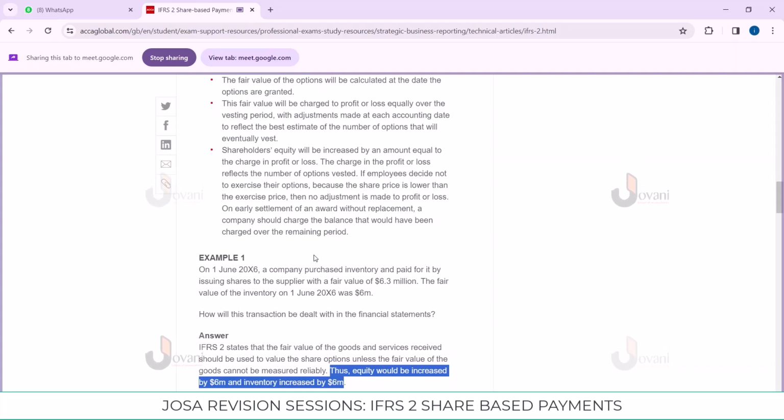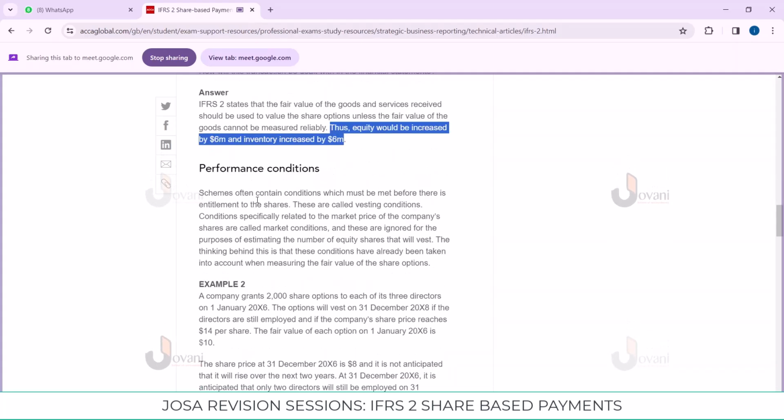Schemes often contain conditions which must be met before there is entitlement to the shares. These are called vesting conditions. Conditions specifically related to the market price of the company's shares are called market conditions, and these are ignored for the purposes of estimating the number of equity shares that will vest.